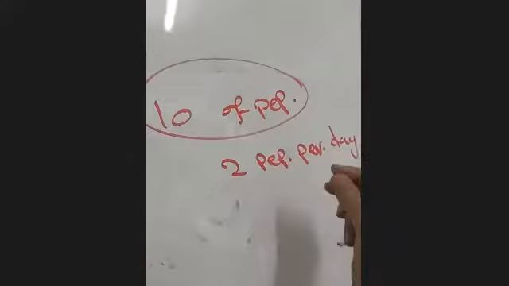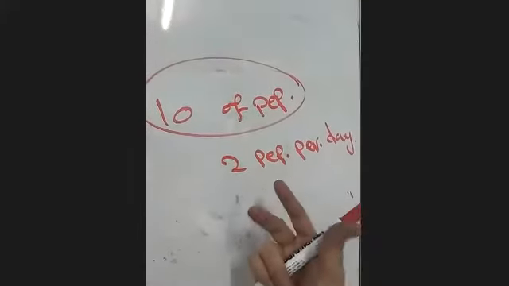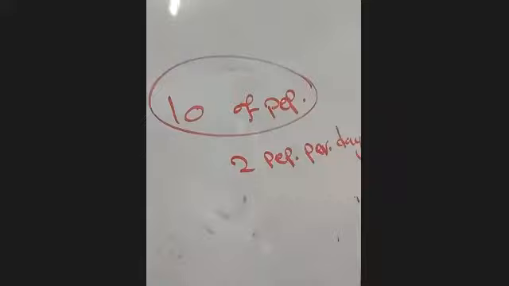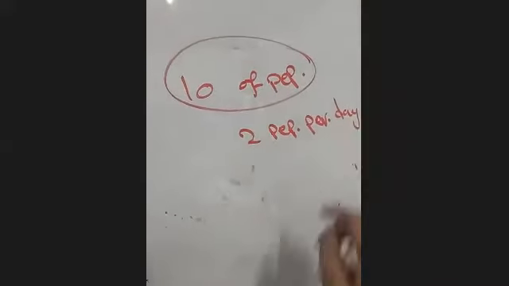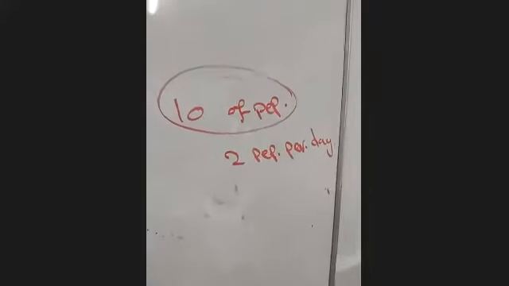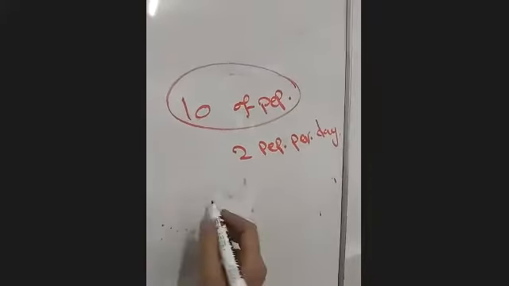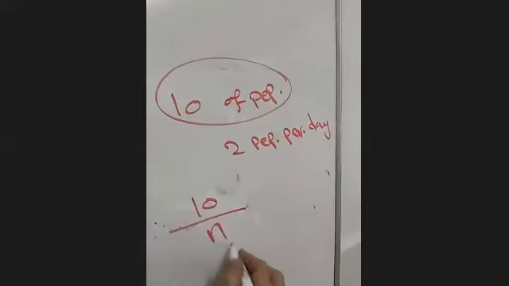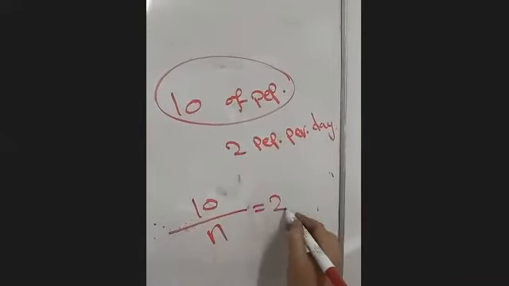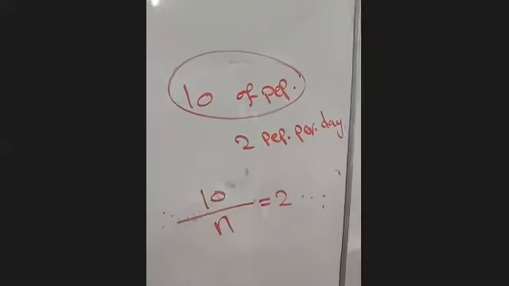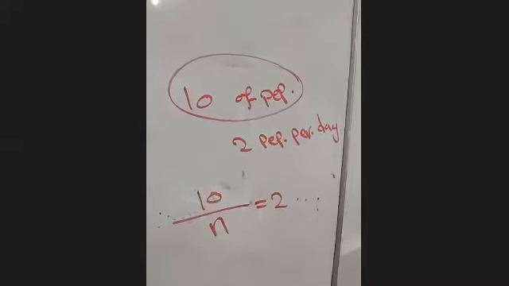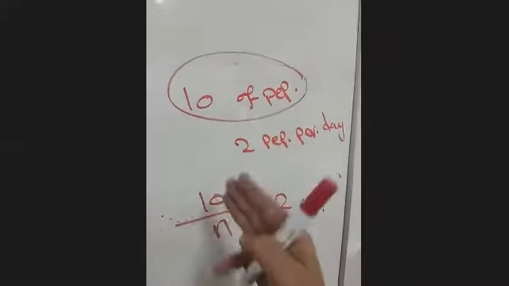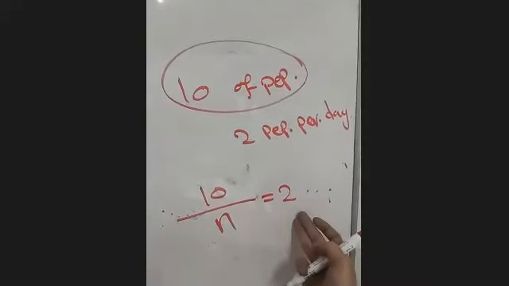And per one day, you drink 2 Pepsi, right? Yes. Now, I want to know the number of days. Do we know the number of days? No. So what we will say, 10 divided by the number of days should be equal to Pepsi for each day, right? Yes. How much should the number of days be? 5. So 10 divided by 5 equals? 2.